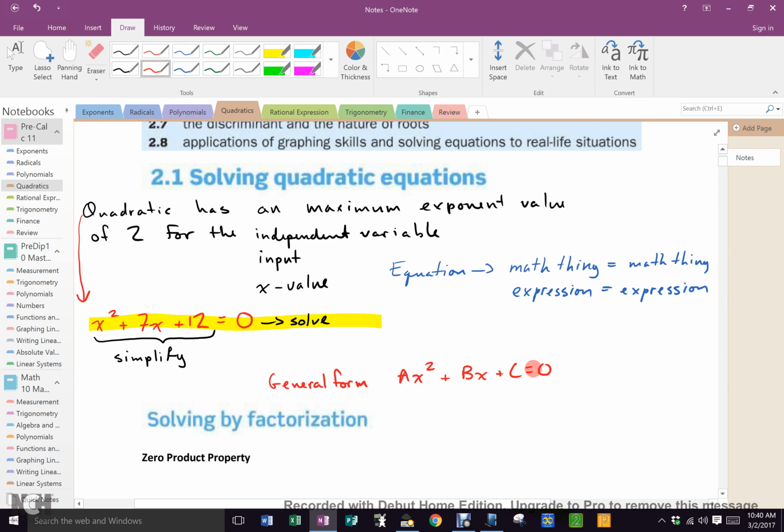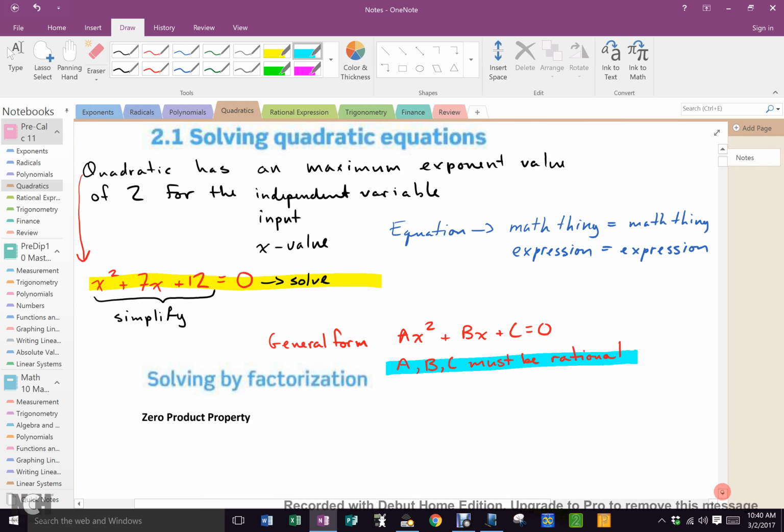And a, b, and c must be rational. Is everybody good? That's a bunch of terminology, a bunch of vocab. We're going to start using it right now. But everybody has seen all of this between grade 10 and now. So none of this is news to anyone. Cool?